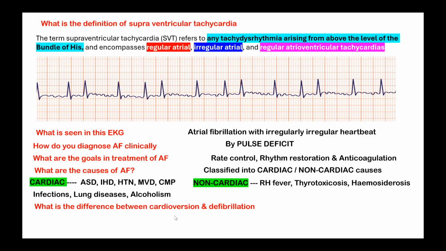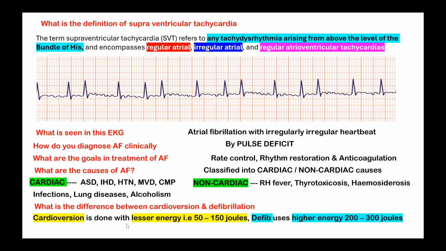Cardioversion, sir. For ventricular fibrillation, do you do defibrillation or cardioversion? Defibrillation, sir. Okay. So cardioversion is done with lesser energy, 50 to 150 joules, whereas defibrillation uses high energy of 200 to 300 joules. Cardioversion is used to revert atrial arrhythmias and defibrillation usually to revert ventricular arrhythmias. Okay, that is the difference.